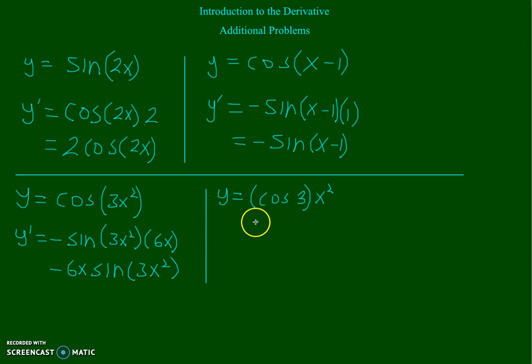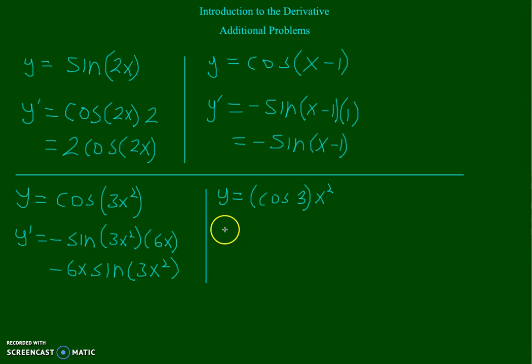So here we have a similar problem with a different positioning of the parentheses. Now, at first, you may be tempted to think that this is the product rule until you realize that the cosine of 3 is simply a constant. So we're going to utilize the constant multiple rule.